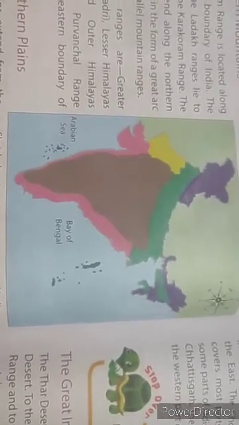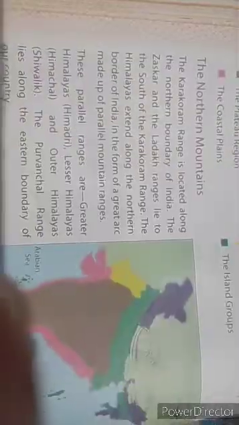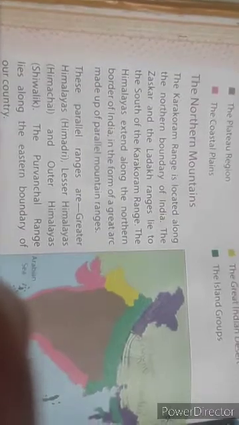This is the physical map of India, and the area in the map which is colored with purple color is the northern Himalayas. The Karakoram range is located along the northern boundary of India.